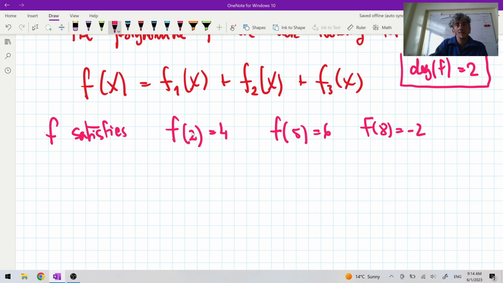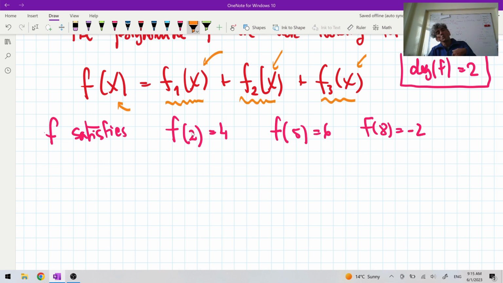Okay, say you want to evaluate this at 2. When you plug in 2 here, you have to plug in 2 in each of these polynomials. This one vanishes and this one vanishes because that's how we constructed it, and this returns 4.